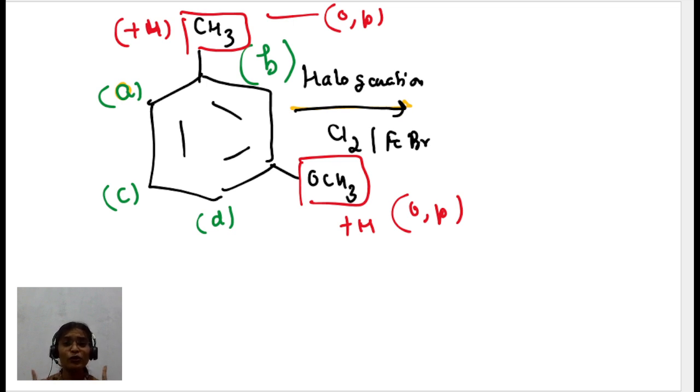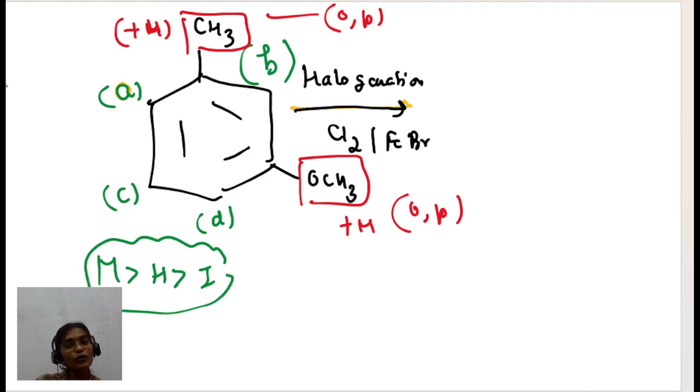If you have both ortho and para-directing groups, the stronger one is the deciding factor. Plus M is the dominating one. We discussed, right? The rule: the mesomeric effect is dominating over hyperconjugation, which is dominating over the inductive factor. And obviously the oxygen has a lone pair, so it is the more dominating one. So this one is the deciding factor. First point is clear for everyone: how to decide with respect to the stronger activating group.